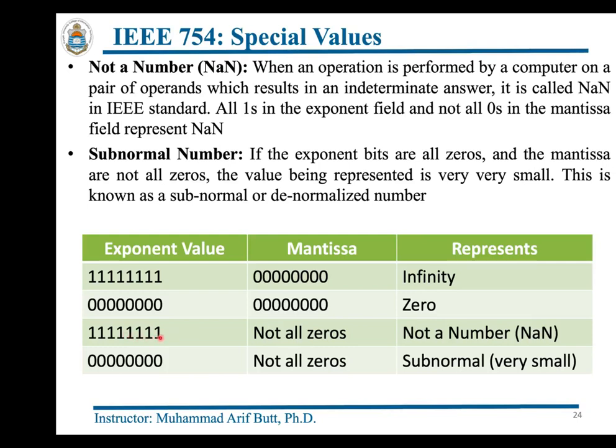So all ones in the exponent field and not all zeros in the mantissa field represent a NaN. Similarly, if the exponent bits are all zeros and the mantissa bits are not all zeros, the value being represented is very small, and this is known as a subnormal or denormalized number. So these special values will of course come into play when you are doing floating point arithmetic.